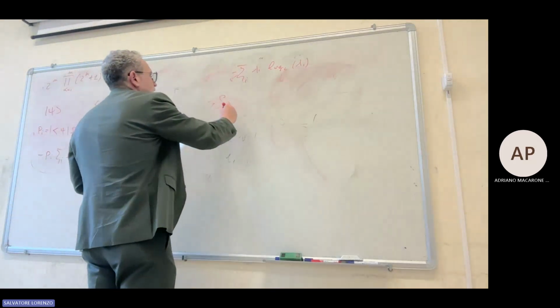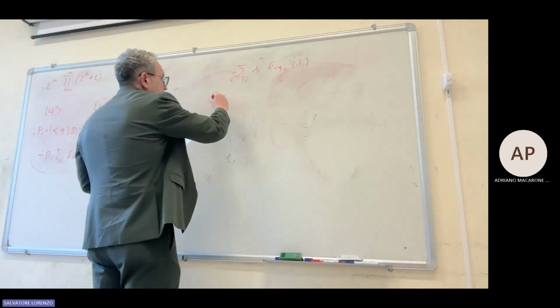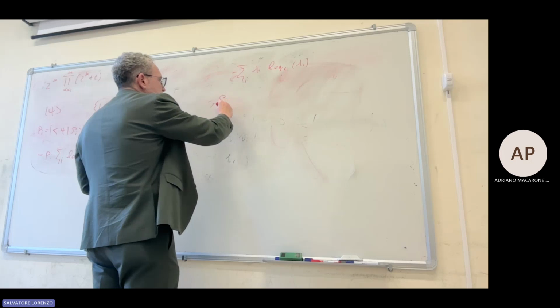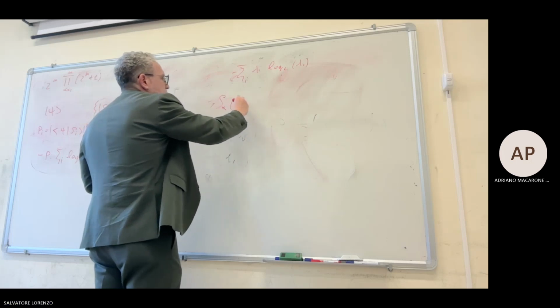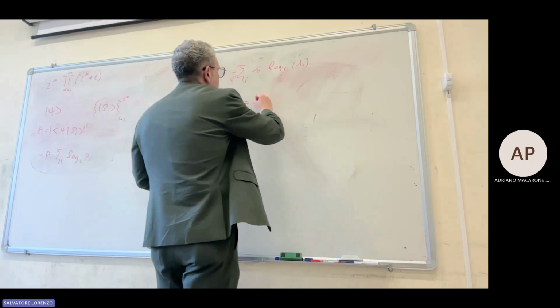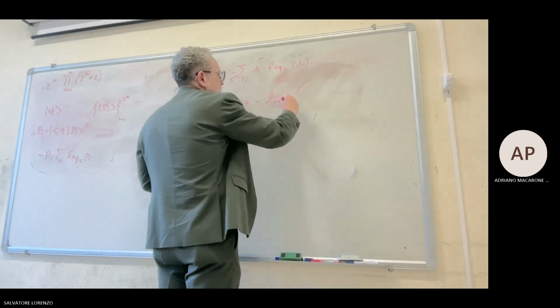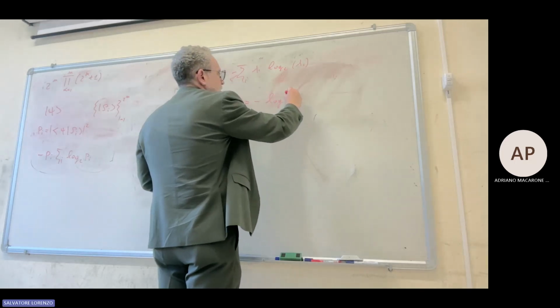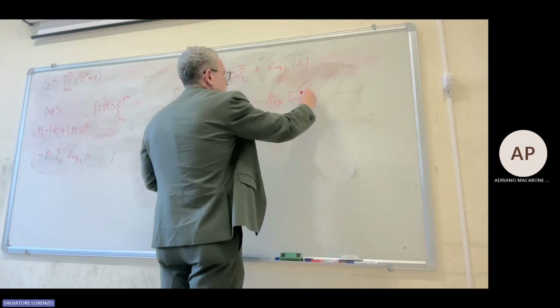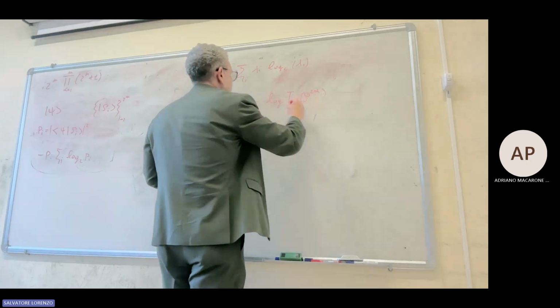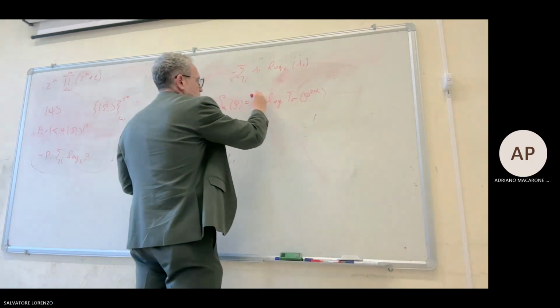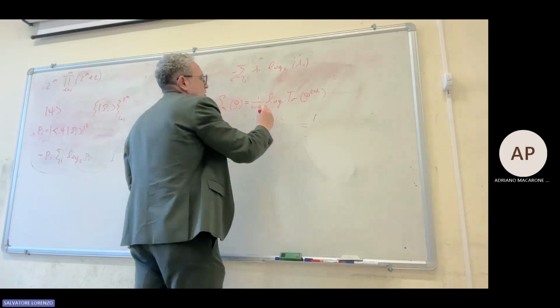The Rényi entropy of order alpha of a density matrix rho is 1 over 1 minus alpha times the log of the trace of rho to the alpha.